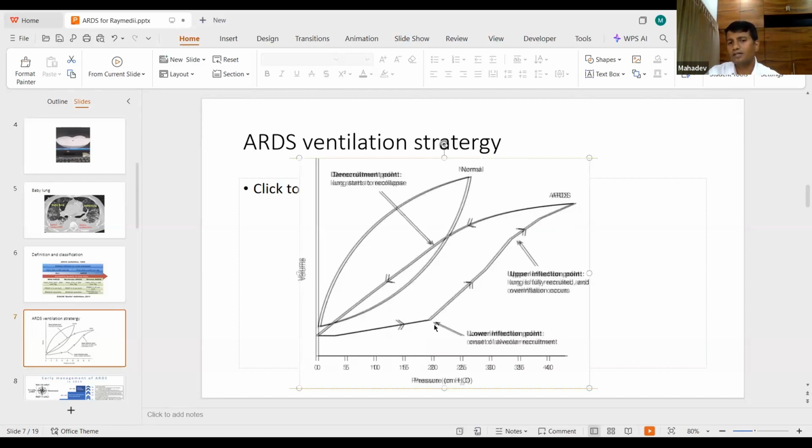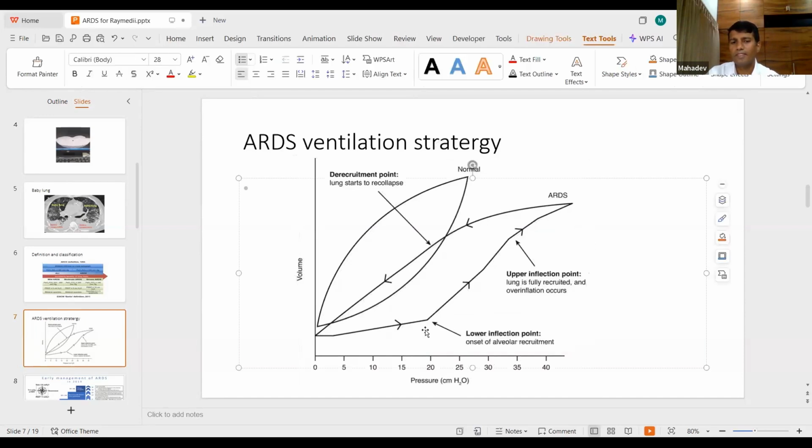When a sufficient pressure is achieved, you can see even a small rise in pressure can increase the volume that the lung is taking up. This point where the change happens is called the lower inflection point. The basic concept in ARDS is to prevent the alveoli from collapsing, that is, to prevent derecruitment.